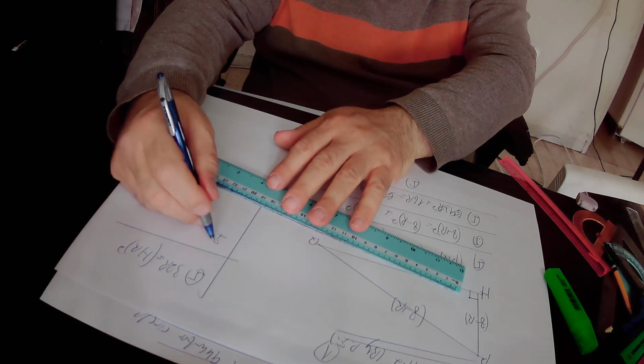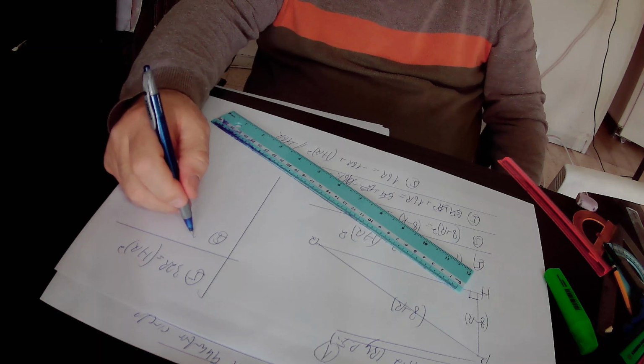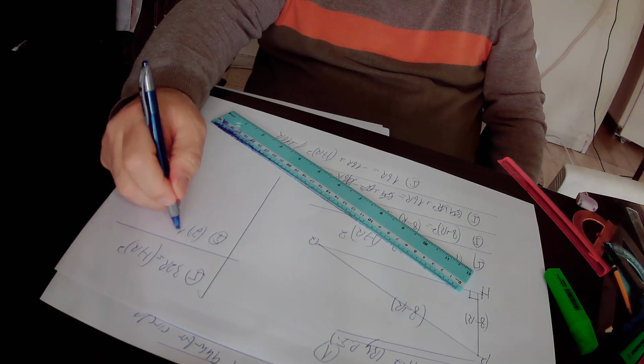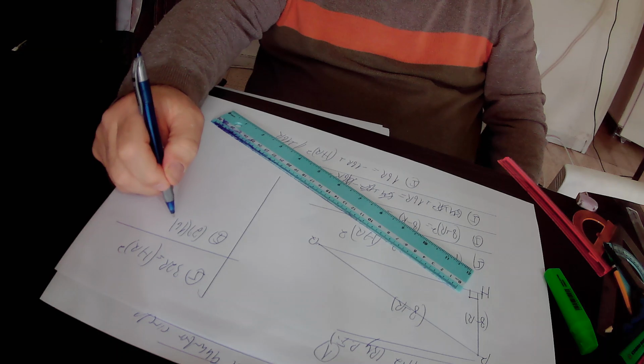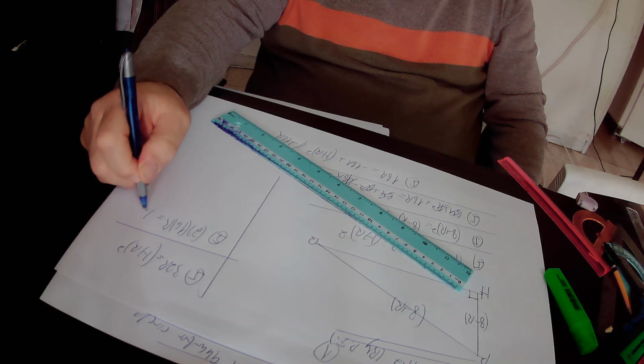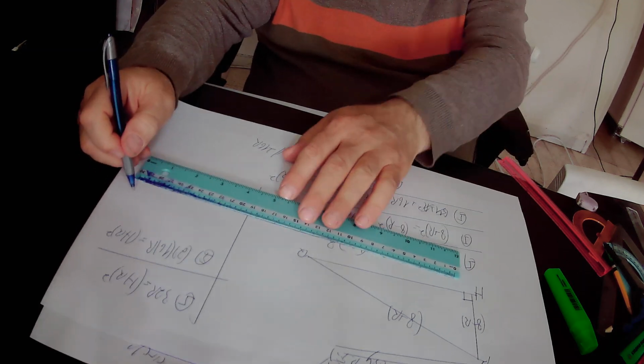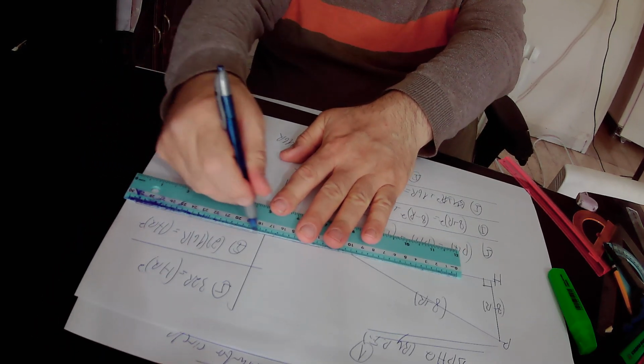32R equals 2 times 16R, so 2 times 16R equals HQ square. Here we take the root of this equation, equation 1.